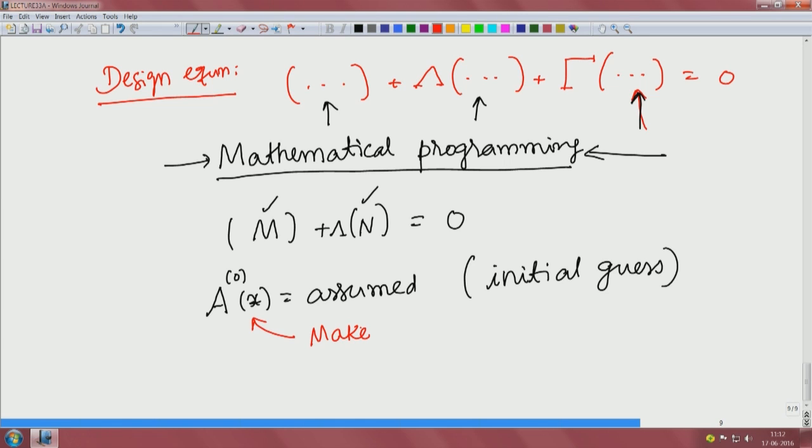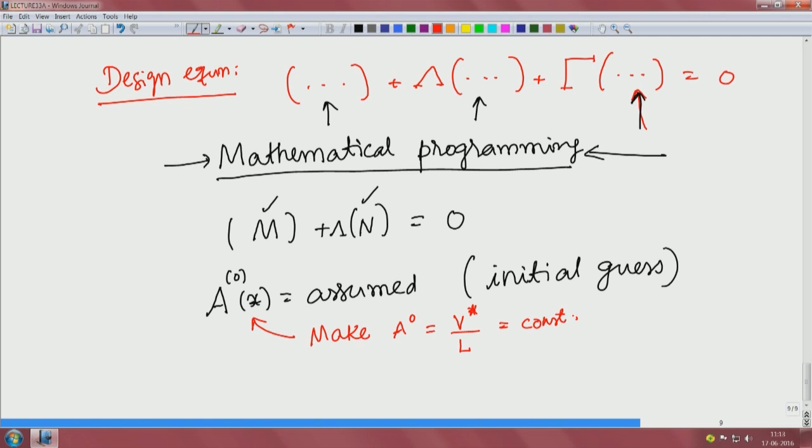That is easy because you make it uniform. Let us say we have a beam of length L, and you are given some volume V star. You make the cross section everywhere V star by L. If you integrate, you will get V star. So make A0 equal to constant, V star by L, because both V star and L are given.